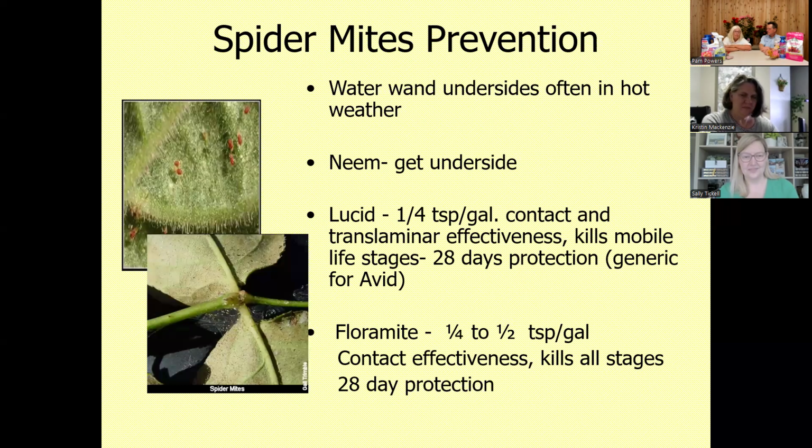So what I do, because I hate spider mites, all right? What most people will do is go for a miticide. A miticide kills mites, right? So I try to avoid that. And I water wand the undersides of the leaves in hot weather.